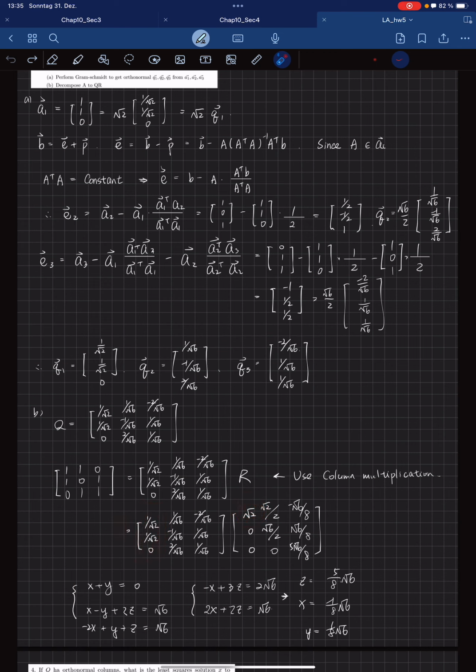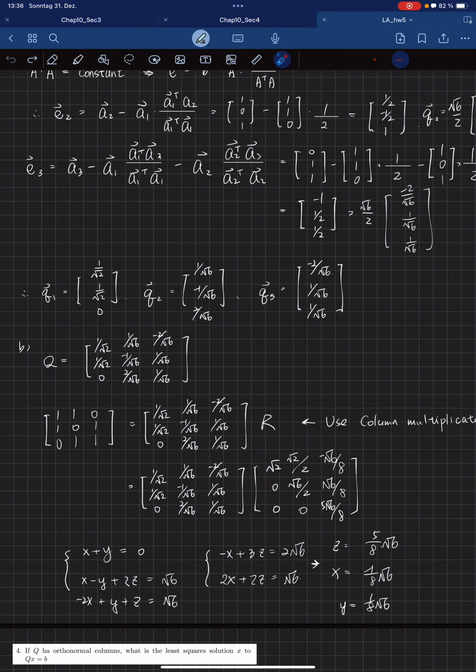So this is in fact this times the first column and nothing else. And we can say the same with the second column as well. Just through observation, we can see that the square root of 2 over 1 times the first column plus the square root of 6 divided by 2 times the second column and nothing for the third will end up as our A2.